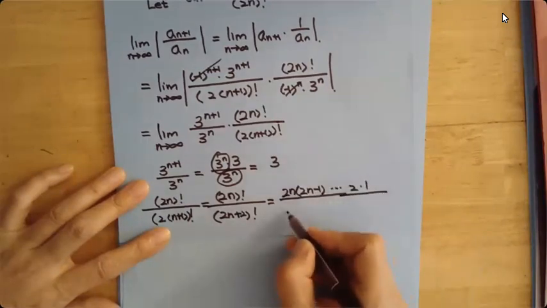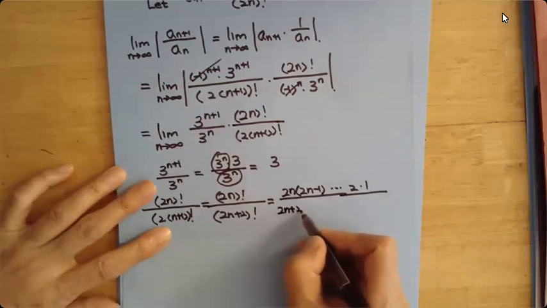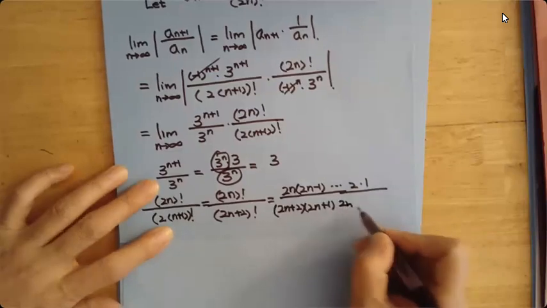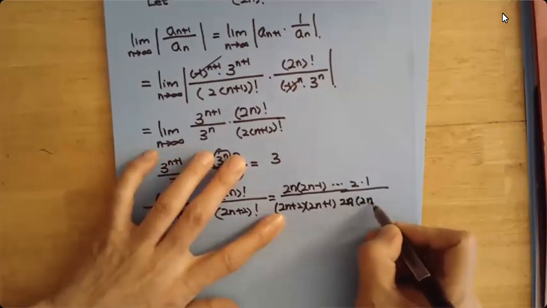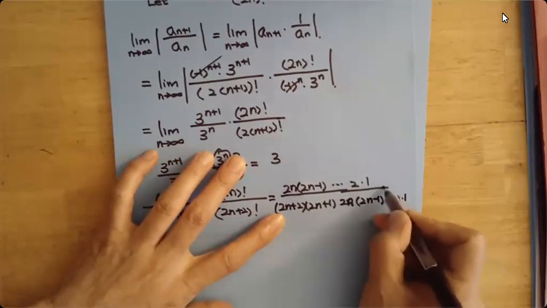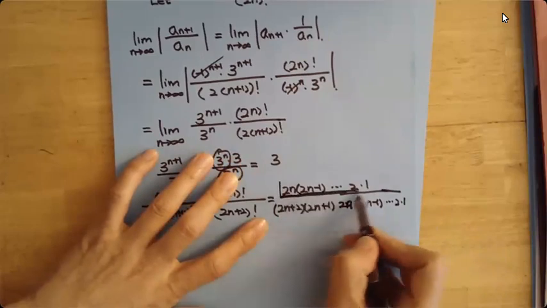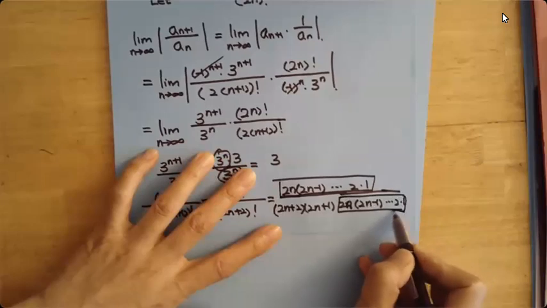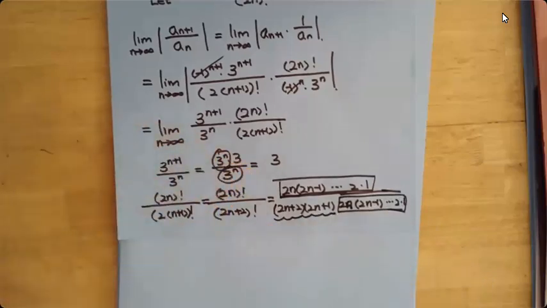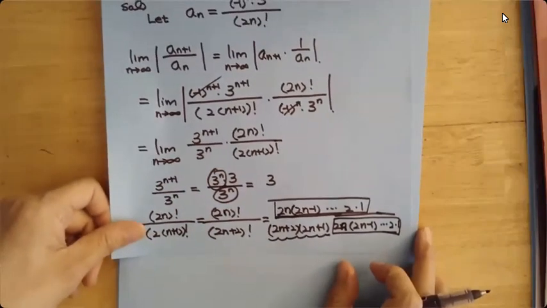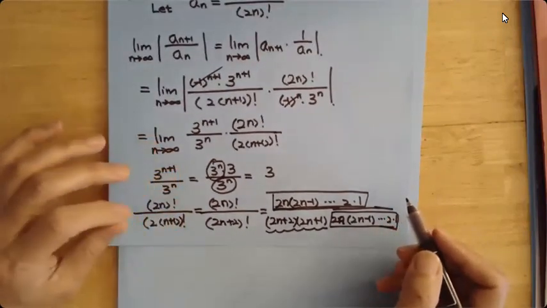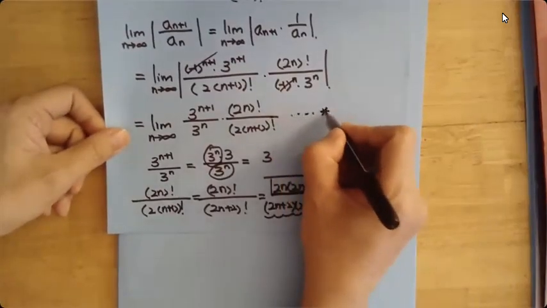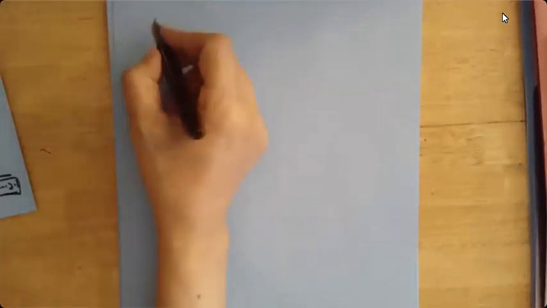The denominator is 2n plus 2 times 2n plus 1 times 2n times 2n minus 1 down to 2 times 1. The numerator and this portion of the denominator will cancel each other, and the denominator is 2n plus 2 times 2n plus 1.